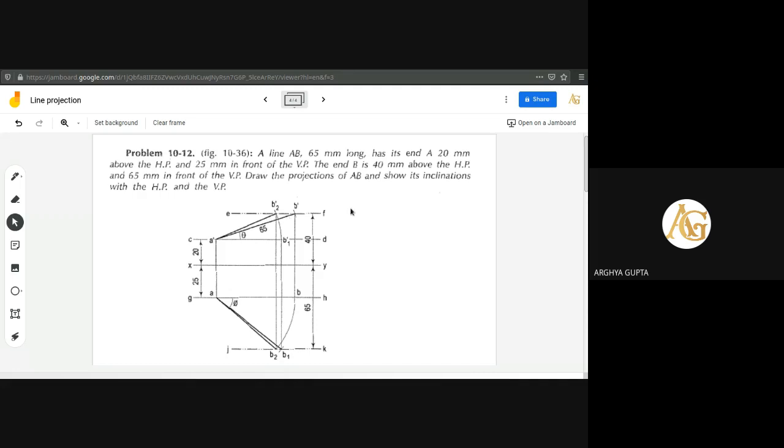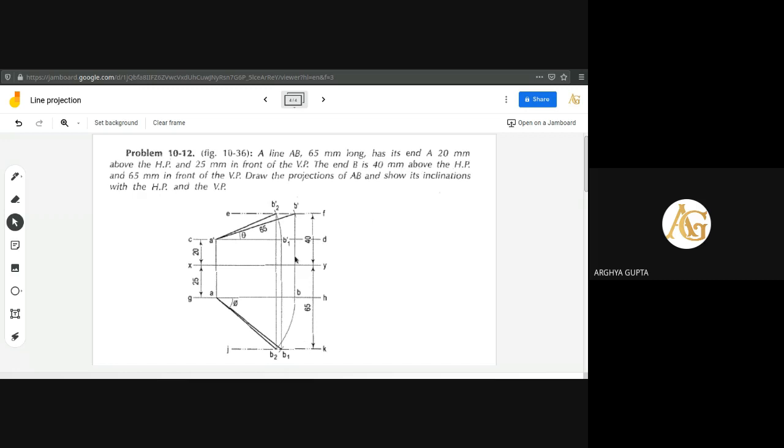Now in your pencil compass, if you take 65 mm length and make center at A dash, and cut a point on that horizontal line, then that point will be B dash, isn't it? So A dash B dash is 65 length. I repeat again. We have found the A dash point. Now the next condition, the end B is 40 mm above the HP.